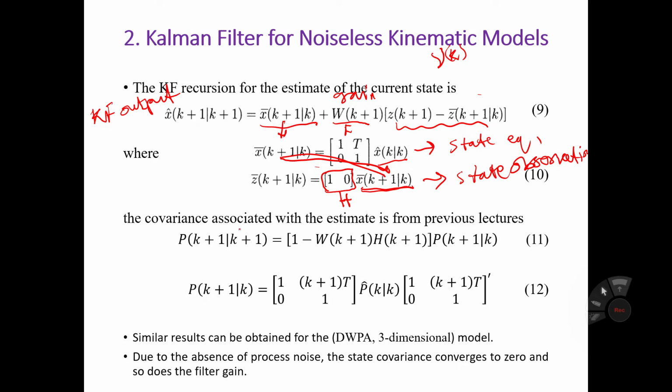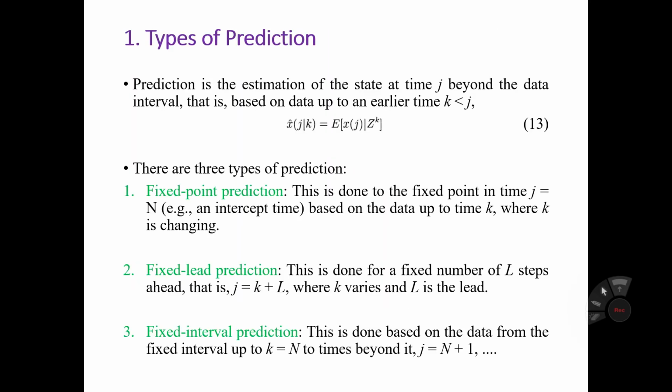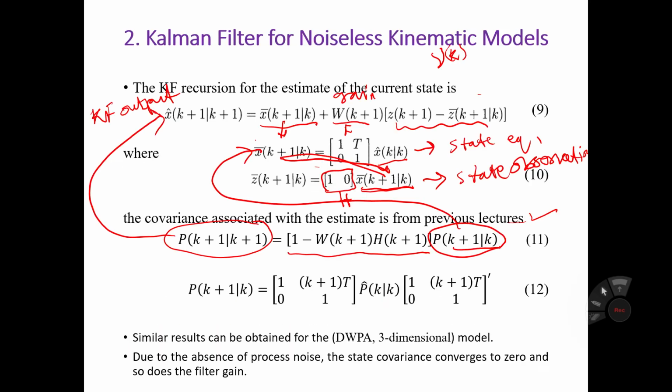And the associated covariance with the estimate, as you know from the previous lecture, is like this one: again, it is 1 minus the Kalman gain into h k plus 1 into the previous predicted covariance. This covariance belongs to, is associated with, this state. So this is the output of the Kalman filter, the state estimate and the state covariance.